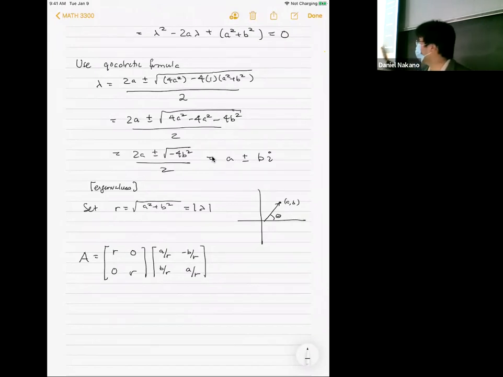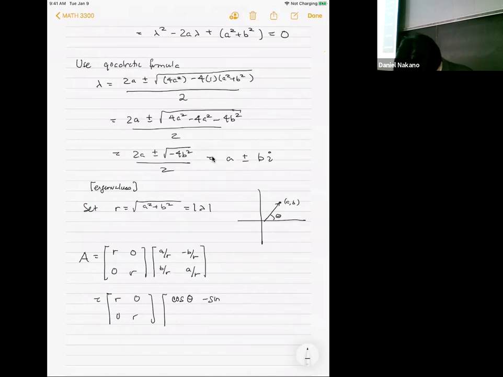I can write it in terms of the angle theta because I know polar coordinates. So this is cosine theta, minus sine theta, sine theta, cosine theta.